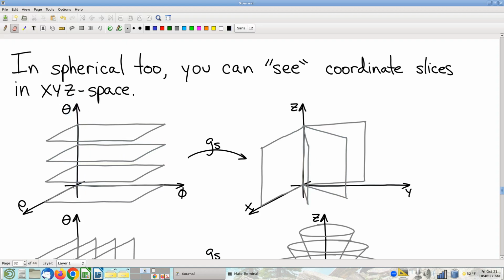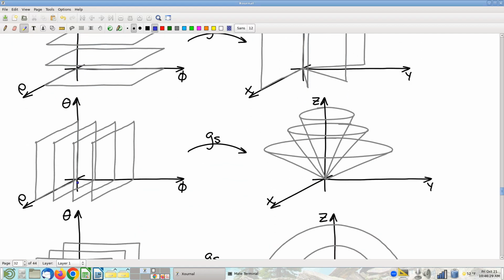Let's see here. What do phi slices look like? There's the phi axis. Here's a phi slice. Constant value of phi, of course, represents a cone. Right? Think about it. The collection of points whose angle off of the z-axis is the same makes a cone. You might call it a half cone, I suppose, because we're not including the part below.